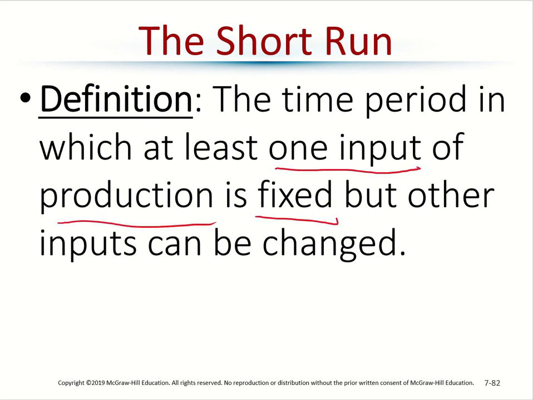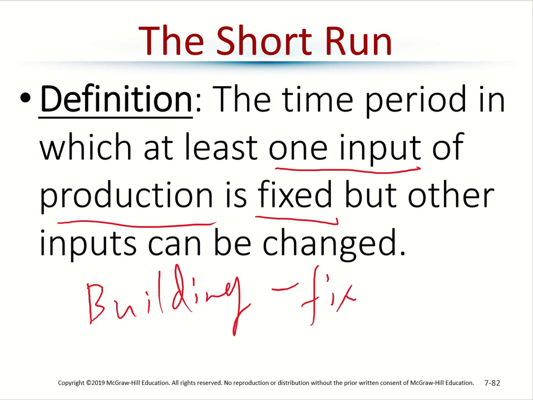So at least one variable in the production for the good doesn't change. For example, for most companies, the building they occupy is a fixed space, right? So if you want to produce more of the good, you can hire more employees, but you cannot just have a bigger building by tomorrow. So that's a fixed variable in the short run, and that's called short term.